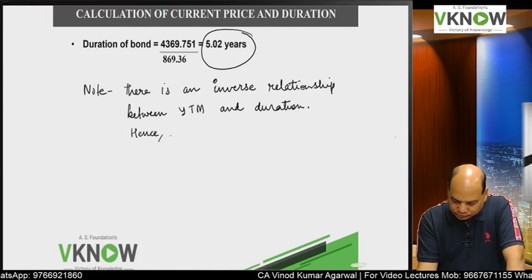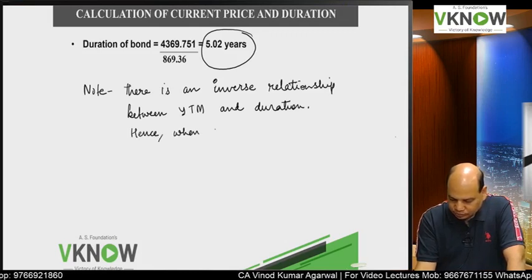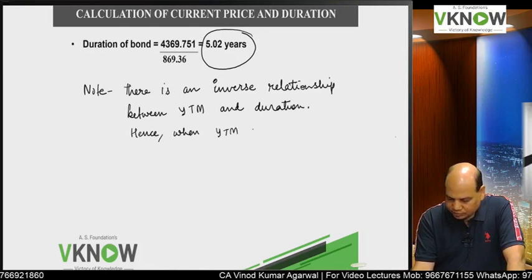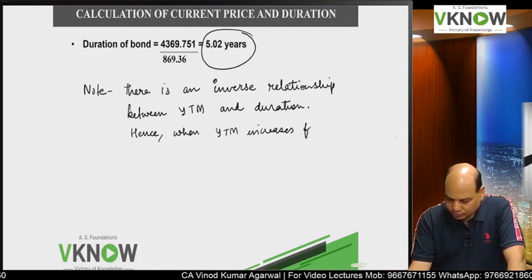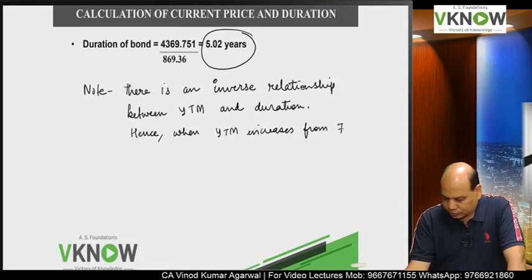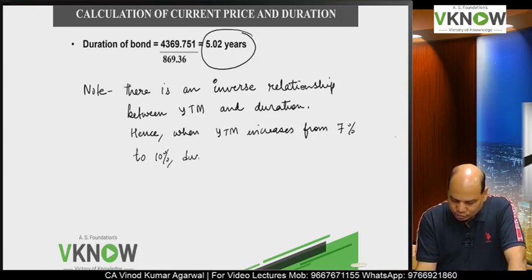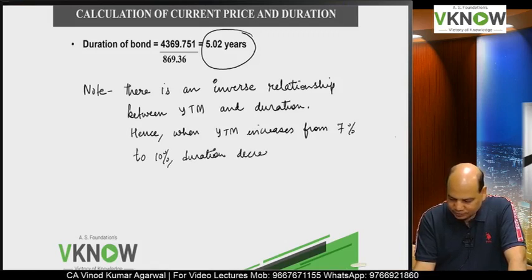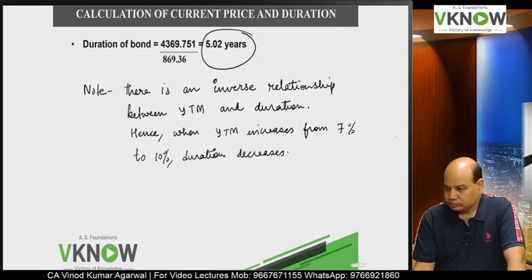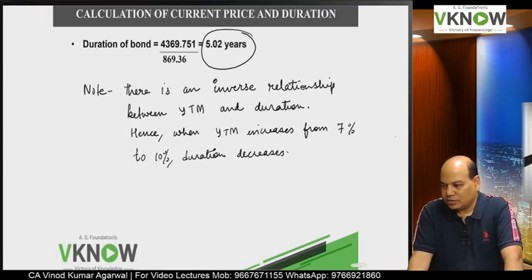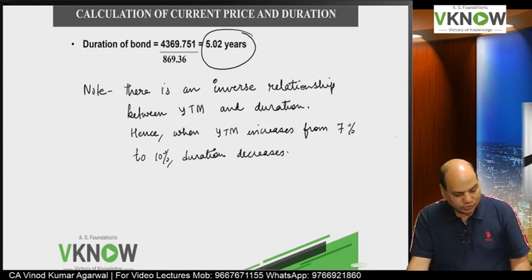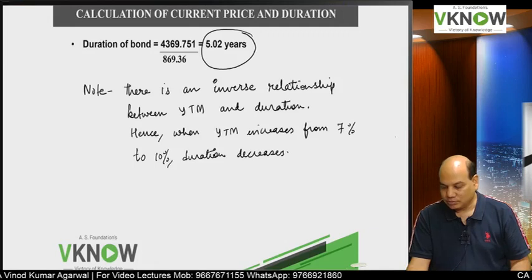Hence, when YTM increases from 7% to 10%, duration decreases. Duration decreases. That was the answer of part B of this question.